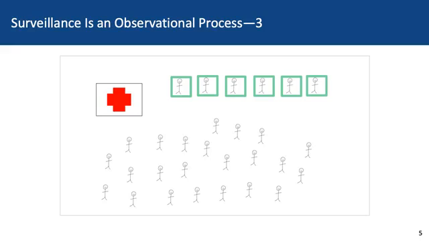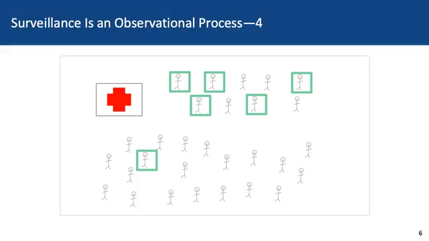But it often doesn't work that way, does it? So instead, what we may have is something that looks like this. Some people seek care and are captured by our observational process, our case definition. We're going to capture, as we discussed previously, some people who really do not have true disease.